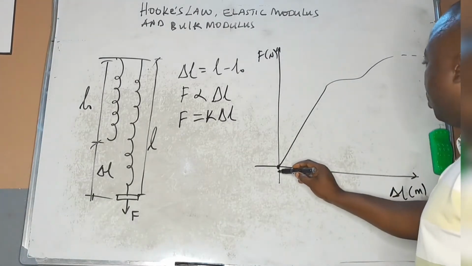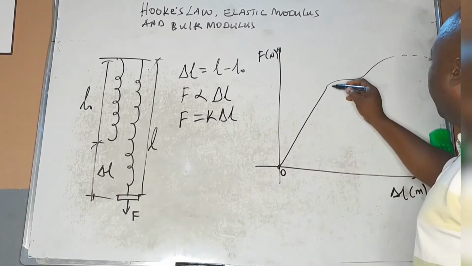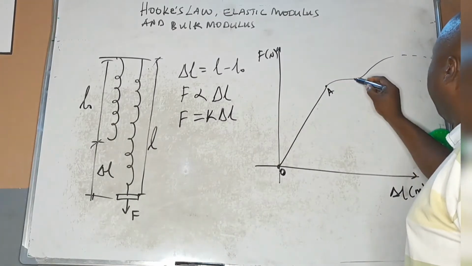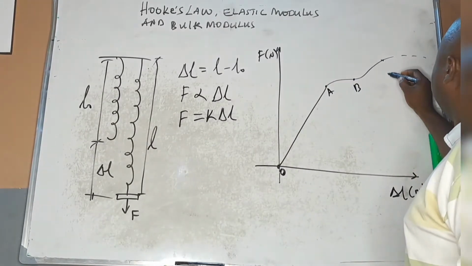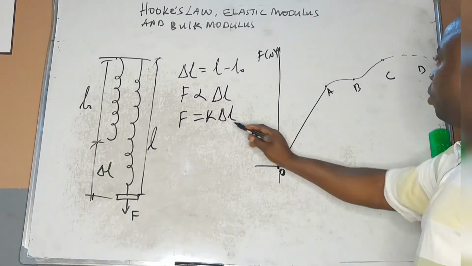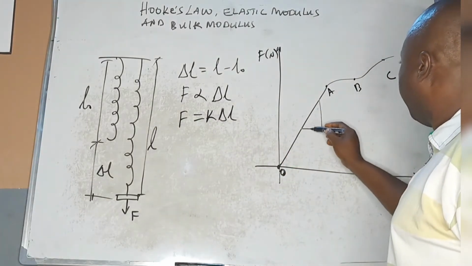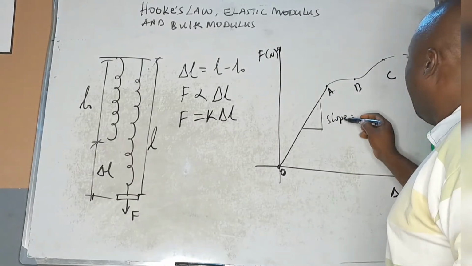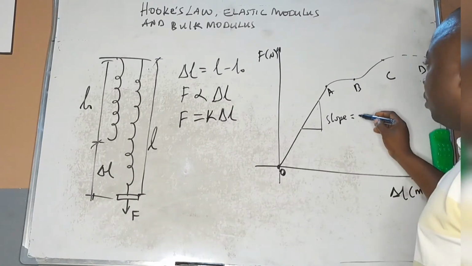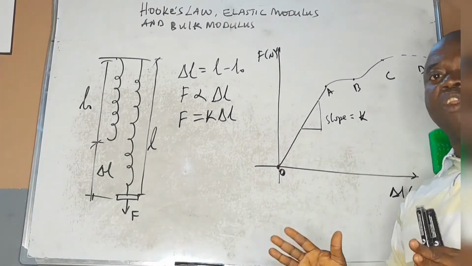Let the points be O, P, B, A, C, and D. According to this law, if you take the slope of this graph within the limit of elasticity, it gives us K, a constant, which depends on the nature of the material.